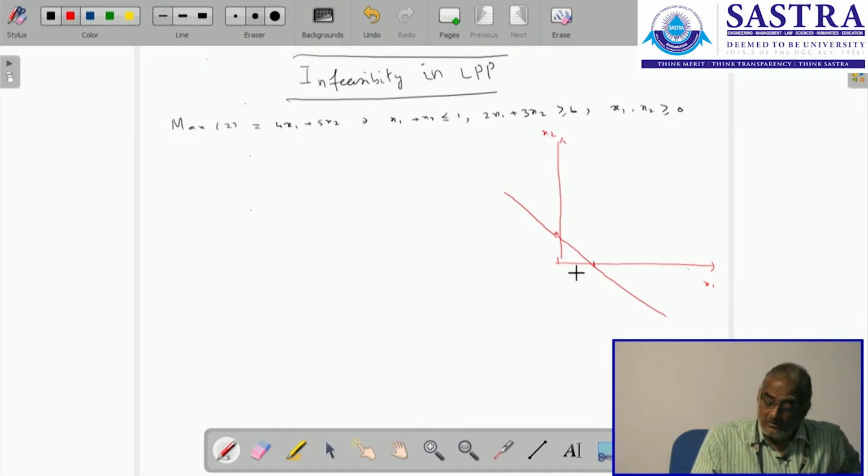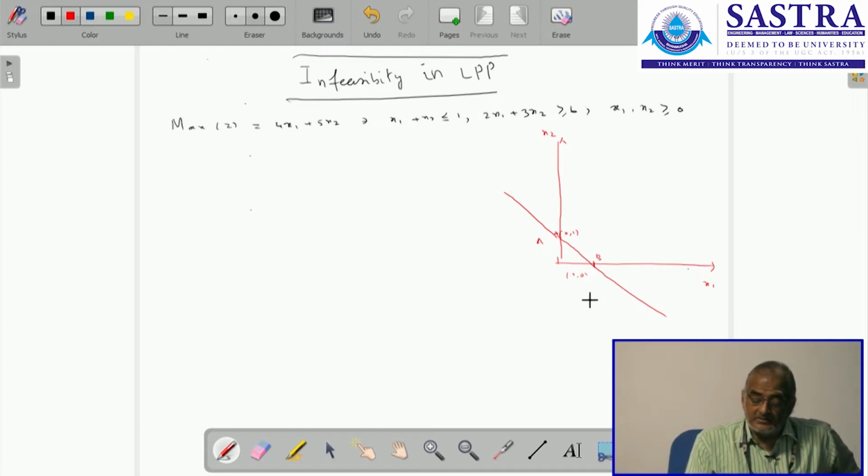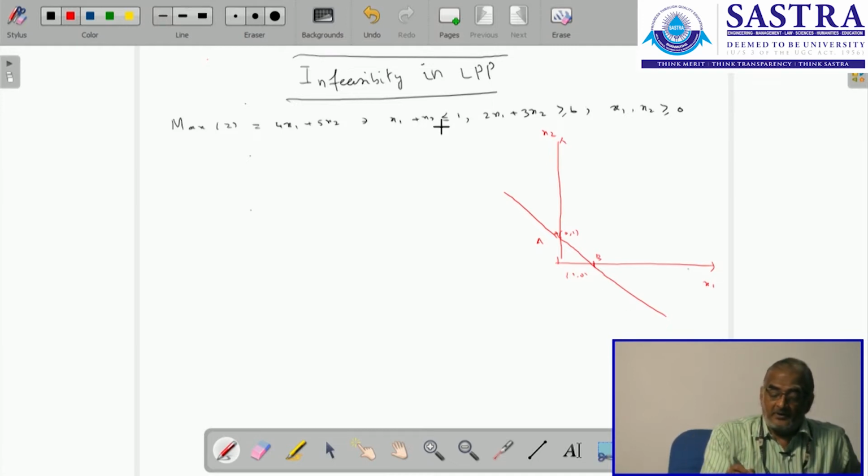So, you will have 1 comma 0 named as B and one more point 0 comma 1 named as A. These are the 2 points on the axes through which this line passes, and the corresponding inequality is less than or equal to.